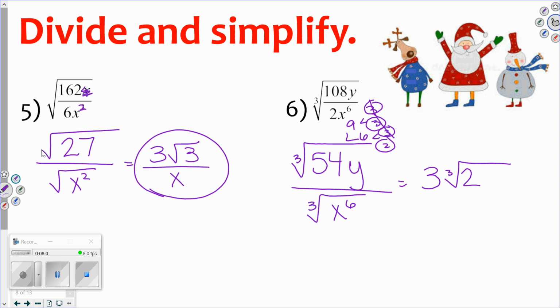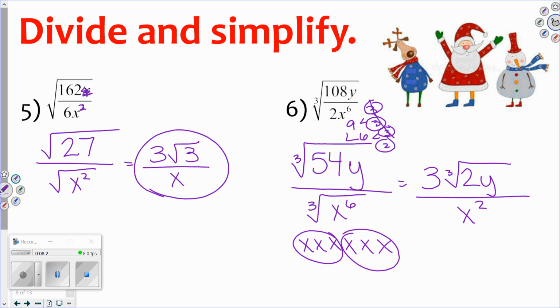What about the y? Stays. I can't take 3 y's because there's only one, so he has to stay. X squared. Yeah, think about 6 x's. And I need groups of 3. There's one group of 3, 2 groups of 3.